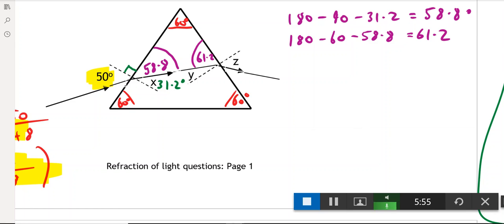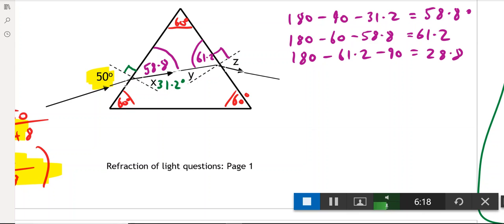If this y line with the normal is a straight line, this is 90 degrees, we can find out the angle y through 180, subtract 61.2, subtract 90, which tells us that y is 28.8 degrees.